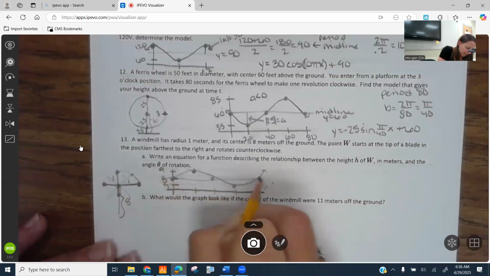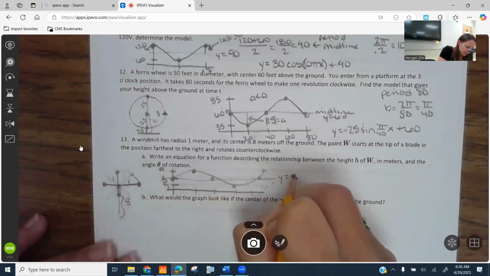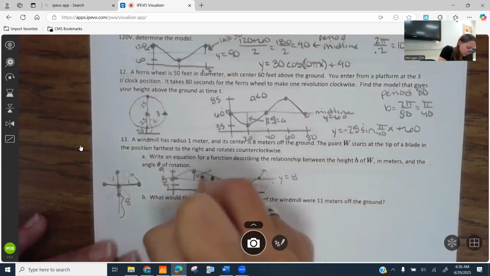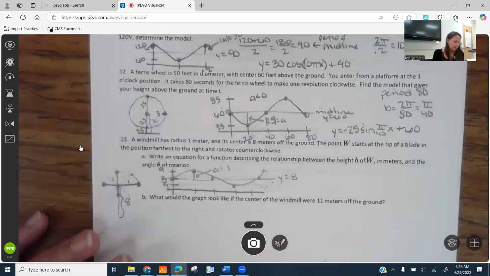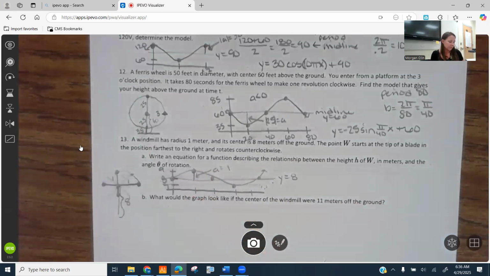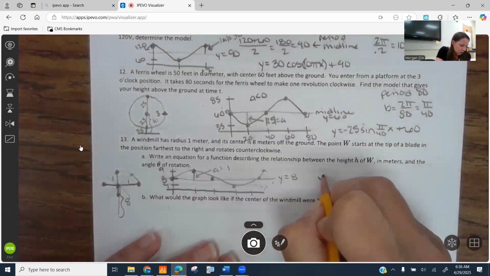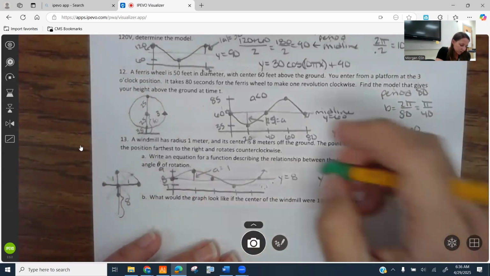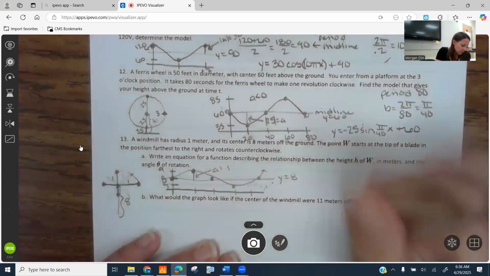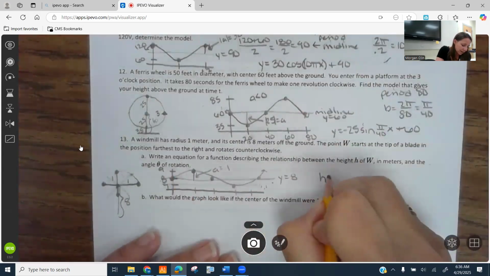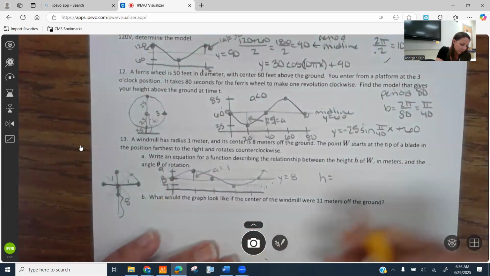Well, here our midline is at y equals 8. Here our amplitude is 1. All right. And here it's positive. Now, is it sine or cosine? It's sine. So y equals, well, the height, we'll call this h, is the y value.